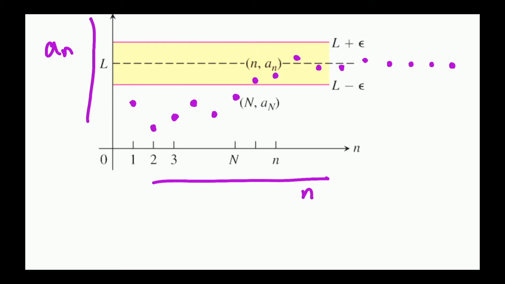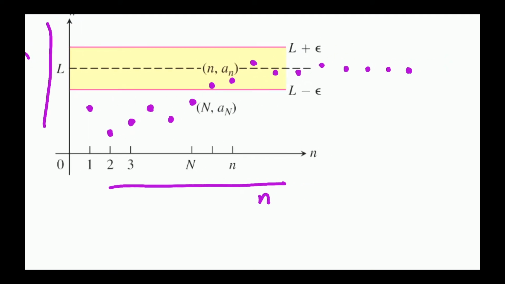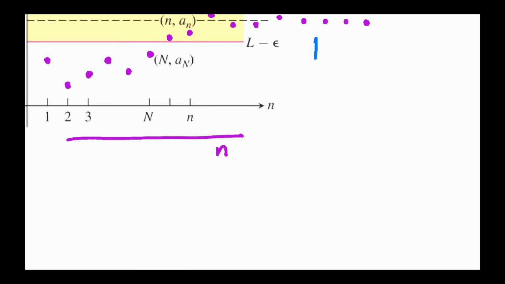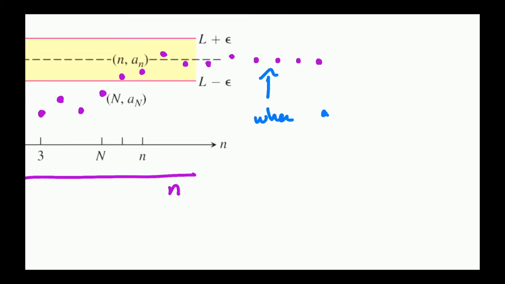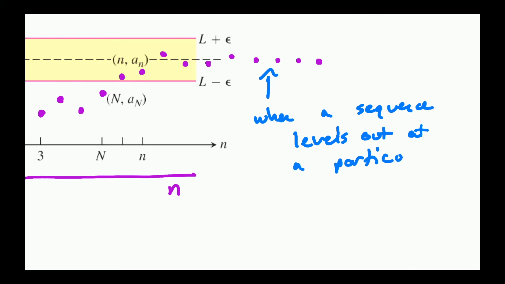And so when a sequence levels out at a particular number on the y-axis, then that is the limit of the sequence. So when a sequence levels out at a particular value, that's the limit.